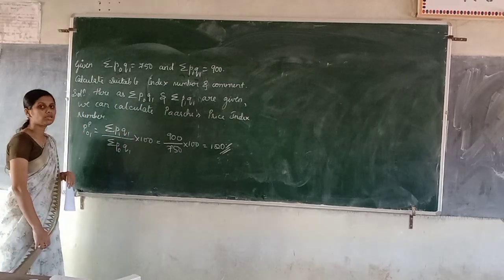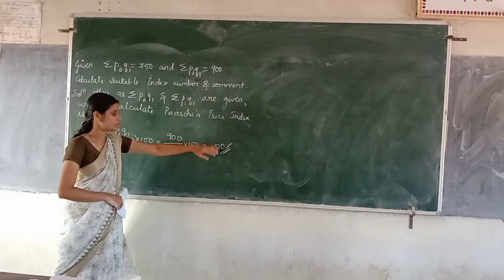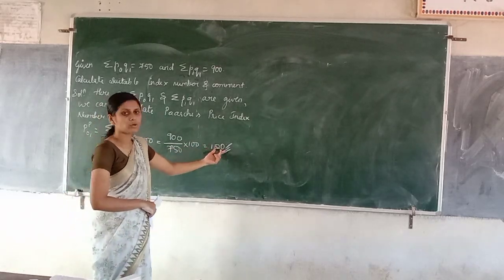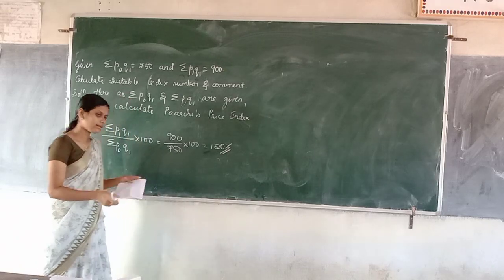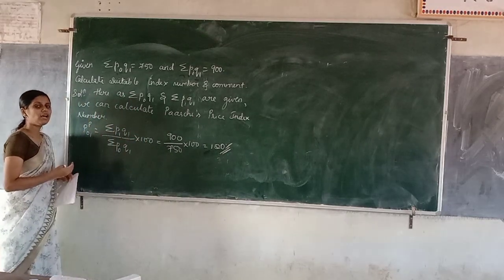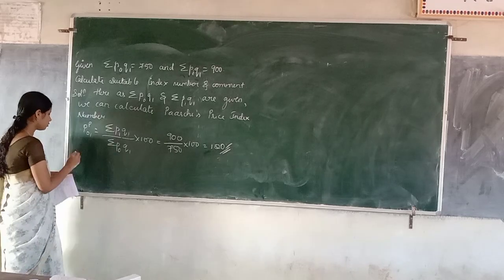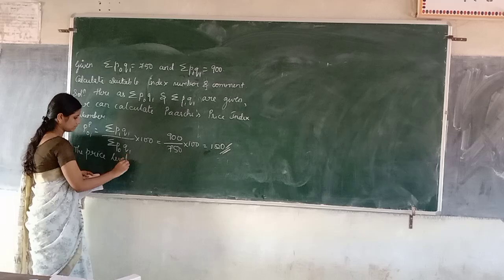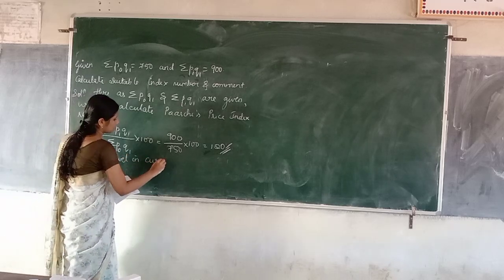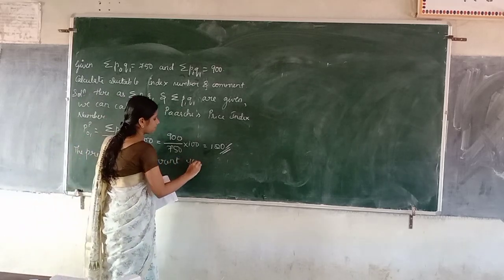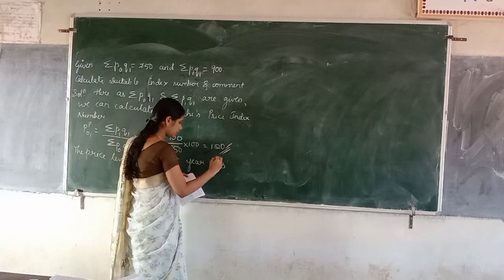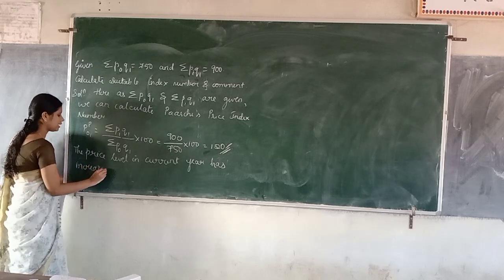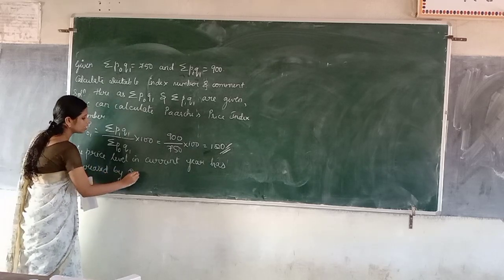120%. So now we are asked to comment on the result. The result is 120, that means it is more than 100. How many percent more? 20% more than 100. That means there is an increase in the price level from the base year to the current year. So we can write the conclusion as: the price level in the current year has increased by 20%.